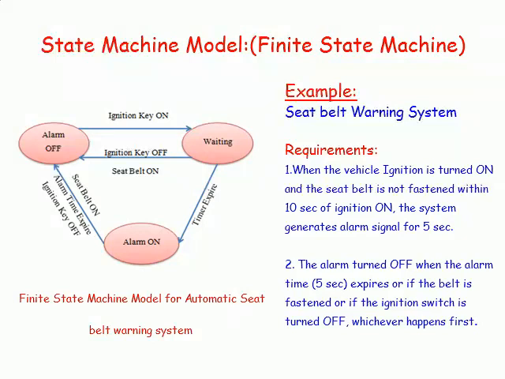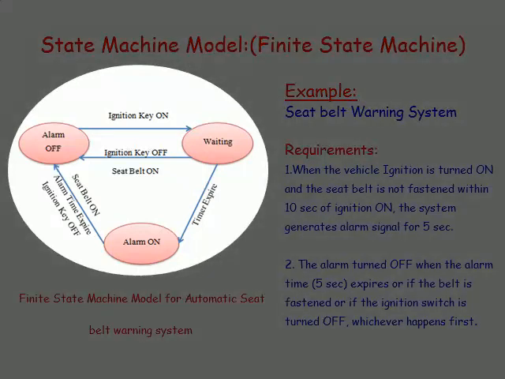The ignition key on event triggers the 10-second timer and transitions the state to waiting. If a seat belt on or ignition key off event occurs during the wait state, the state transitions to alarm off. When the wait timer expires in the waiting state, the event timer expire is generated and it transitions the state from waiting to alarm on.